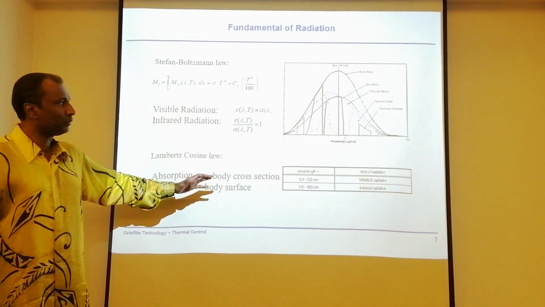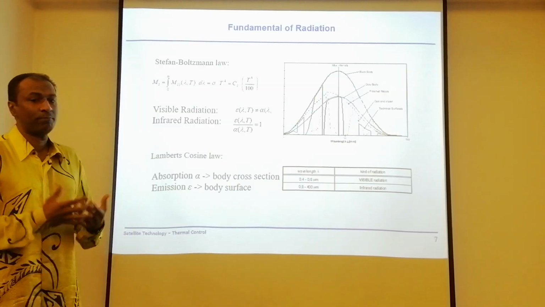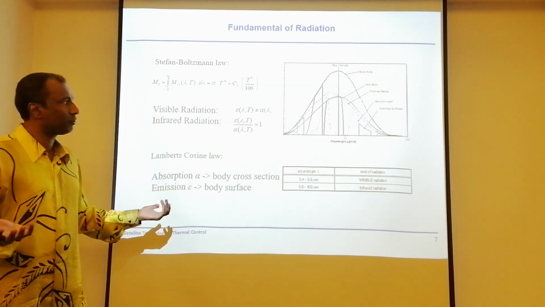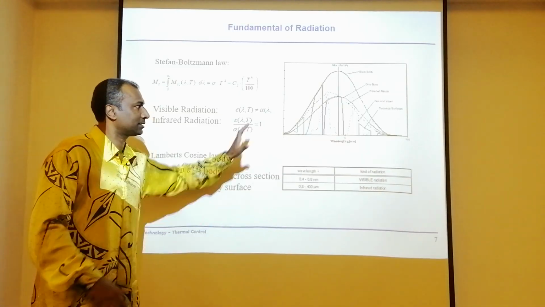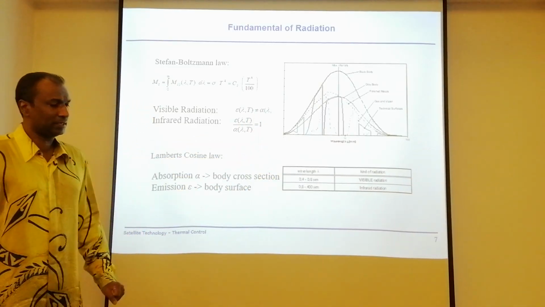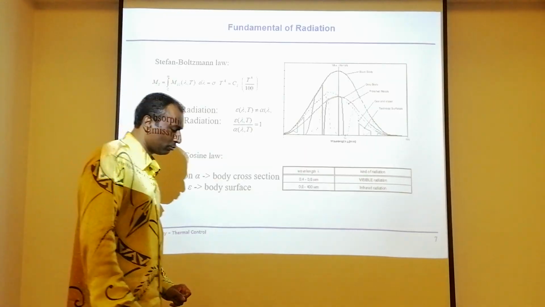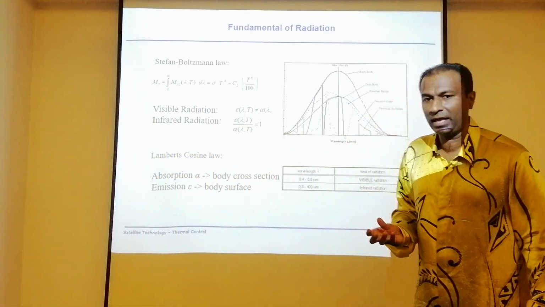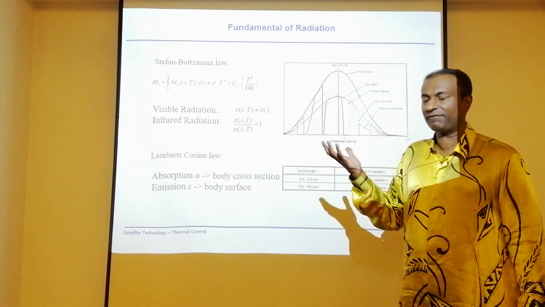You have a different wavelength depending on what body is there. Just now we defined black body, gray body, etc. These are quite well known, and each and every body will come with its absorption rate, that means alpha.